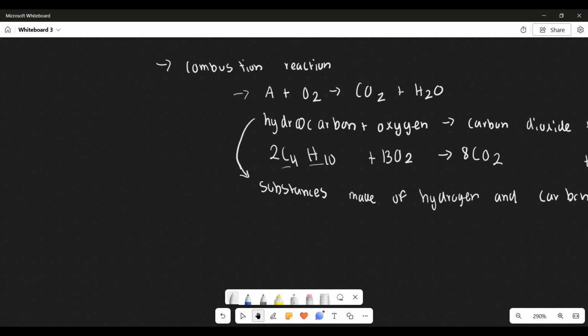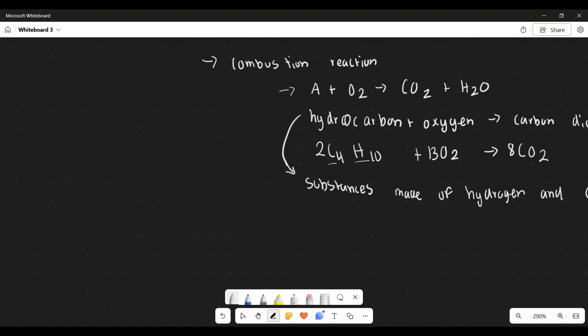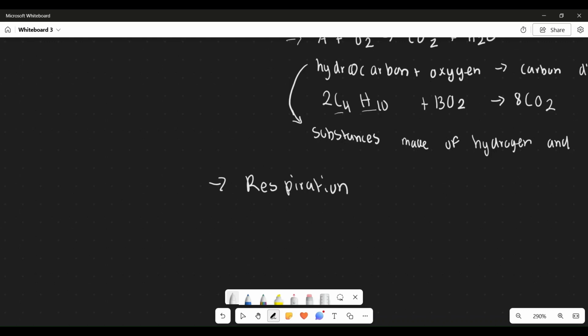Another reaction that reacts with oxygen is respiration. This one's equation is fixed, so you don't really need to scan through the thing.